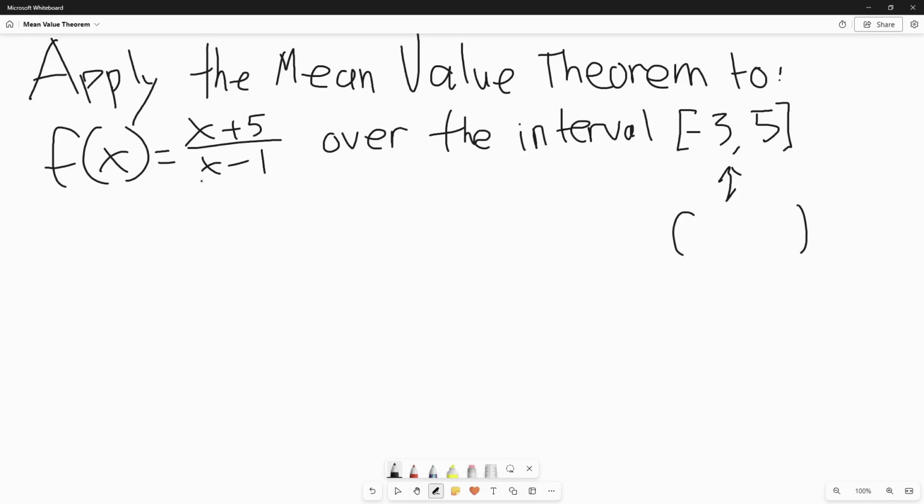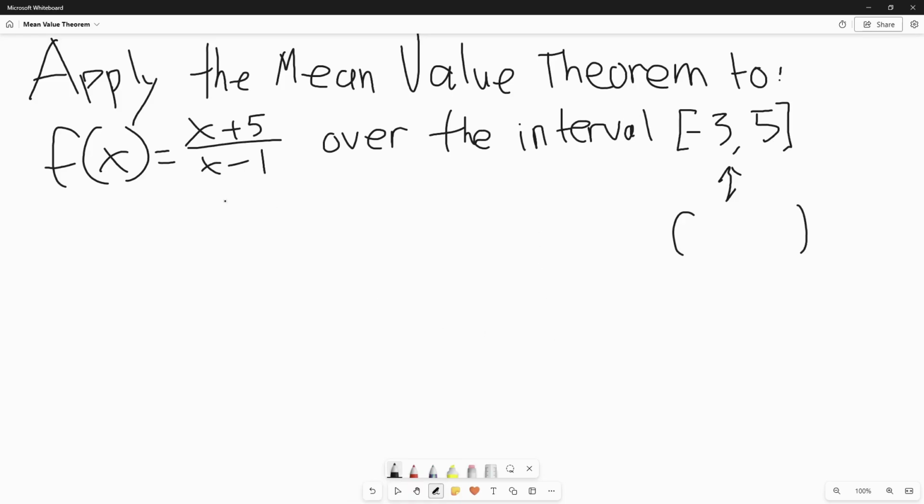But you can see that for this one, since it is a reciprocal function with x on the denominator, x cannot equal 1, because if x equals 1, you get 1 plus 5 over 1 minus 1. You get whatever over 0, and you can't compute that; you get a hole, or an asymptote in this case.